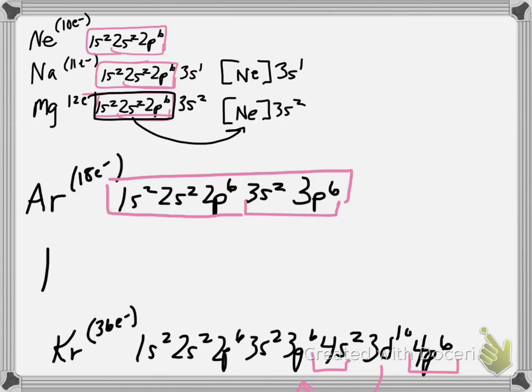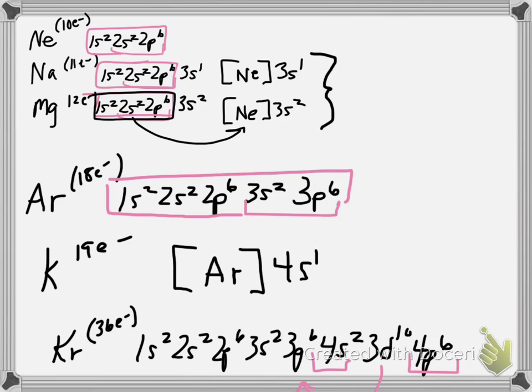Okay, so potassium, we know, has 19 electrons. How could you write that using the trick that we just showed here? Does that look like a reasonable shortcut to you? It's just like argon, but it's got one more electron in the 4s subshell. So it's argon plus 4s1.